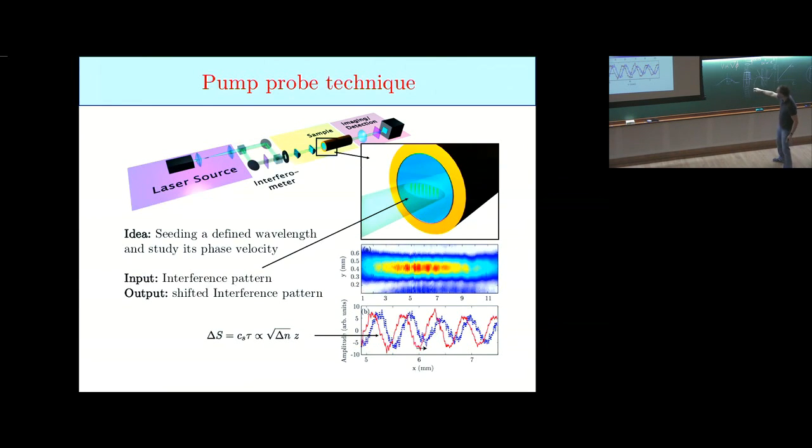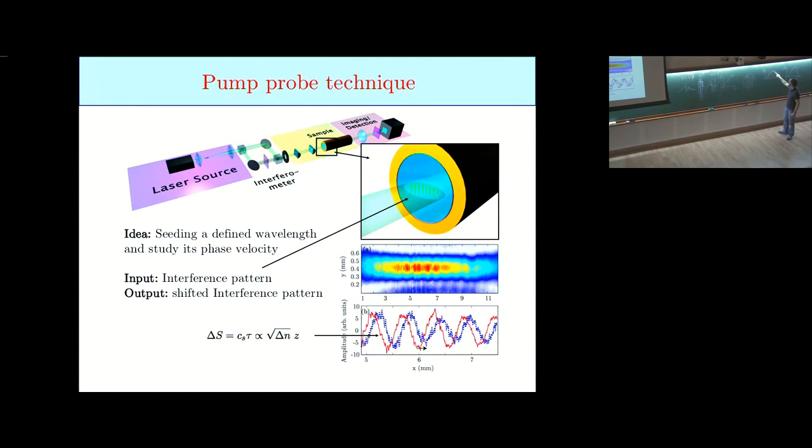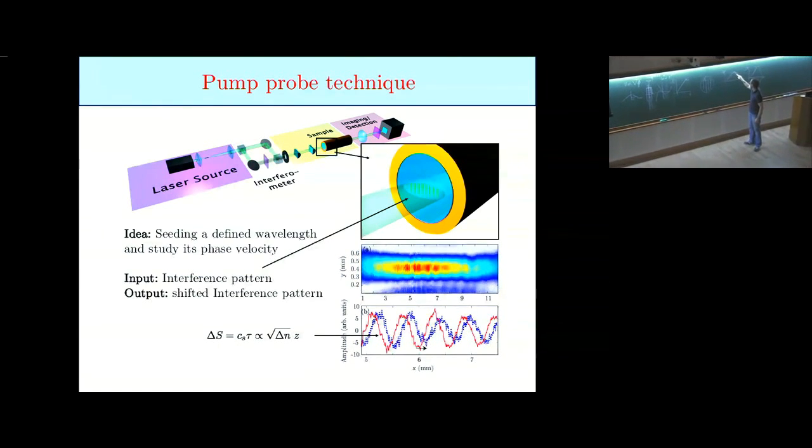We now have a beam going straight forward, and we're sending in a very weak probe beam. I've got, let's say, a close to perfect pump beam that's creating my fluid, and then I'm sending in a probe beam that will create a small oscillation on top of this beam. That's what this will look like, okay?